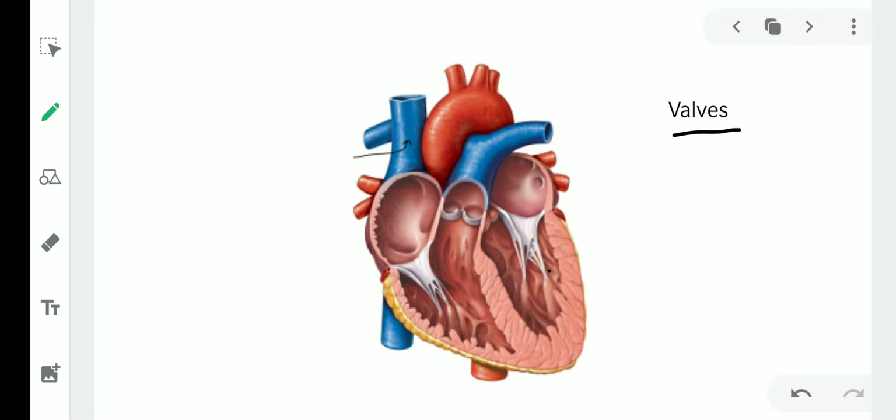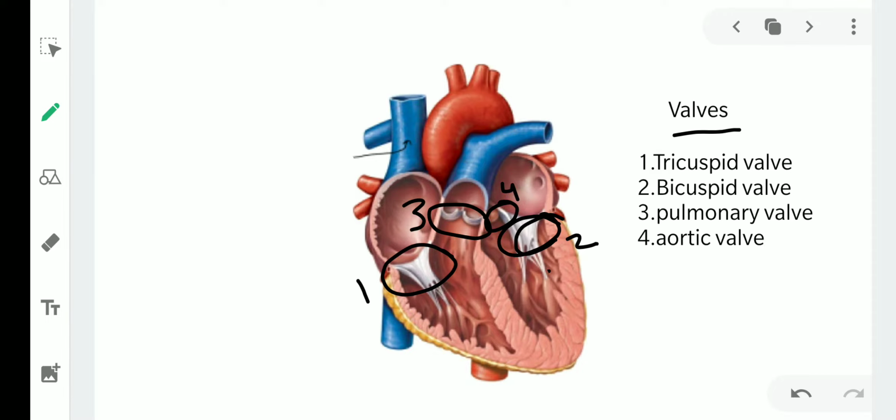They are present here between the right atrium and right ventricle, here between the right ventricle and the pulmonary artery, here between the left atrium and the left ventricle, and here between the left ventricle and the aorta. So 1, 2, 3, 4, these four valves.